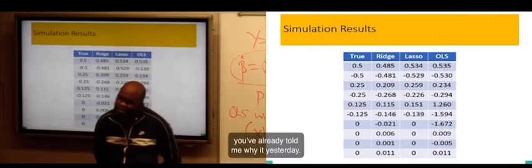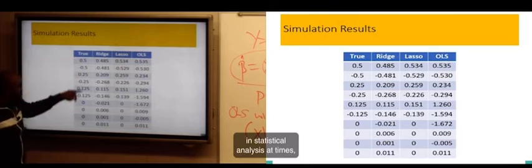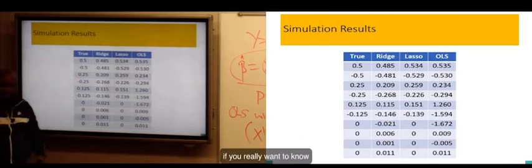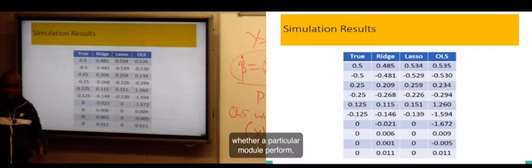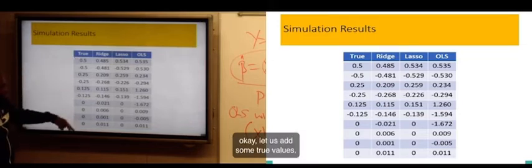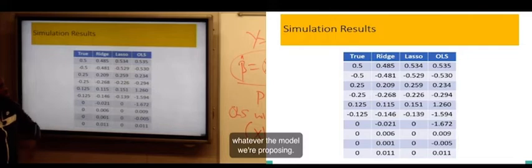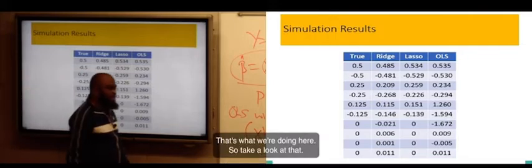That is the reason why, in statistical analysis at times, if you really want to know whether a particular model performs, what you basically need to do is to have some true values, and measure the deviation of whatever the model we're proposing gives from the true values. That's what we're doing here.